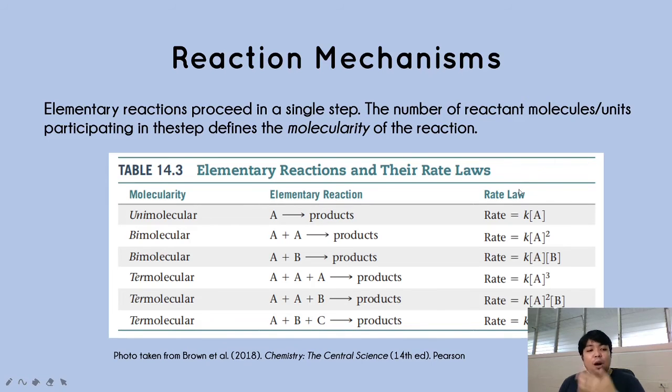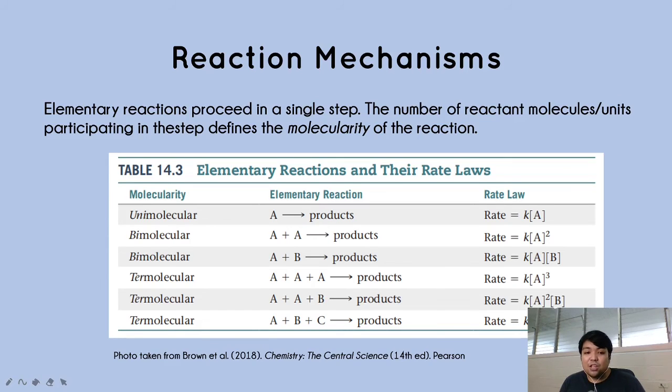For example, for a unimolecular reaction, only one molecule or unit of the reactant actually participates in the rate of the reaction to form your products.